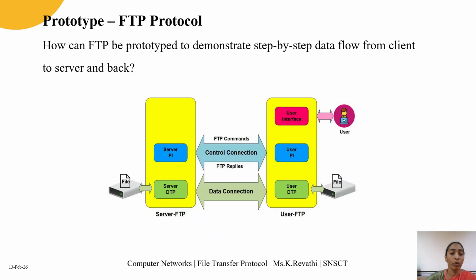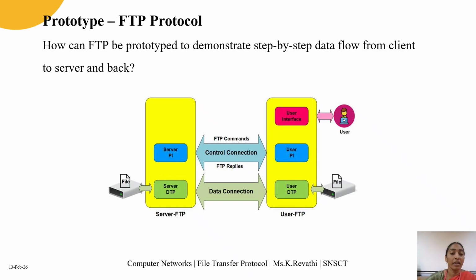The next phase of design thinking is prototyping. Now let us prototype the working of FTP. This is the step by step process. Here in this picture, the client connects to the FTP server. The control connection is first established before the file transfer. Then the user sends commands like login, get or put.